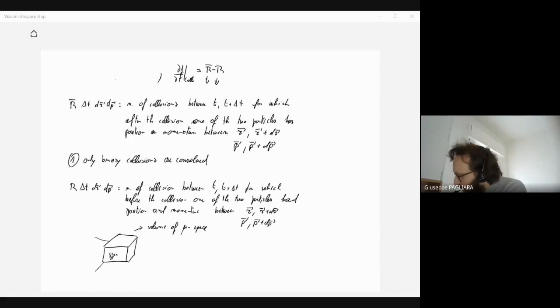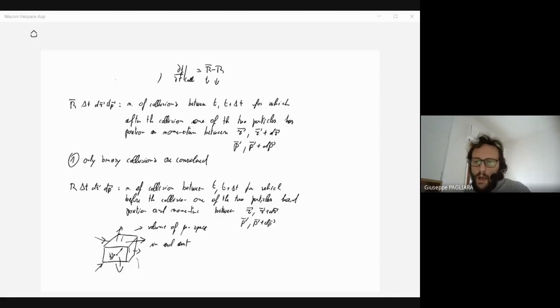Of course, some particles will enter in this volume due to the collision, but some other particles would flow out of this volume due to the collision. Okay, in and out.